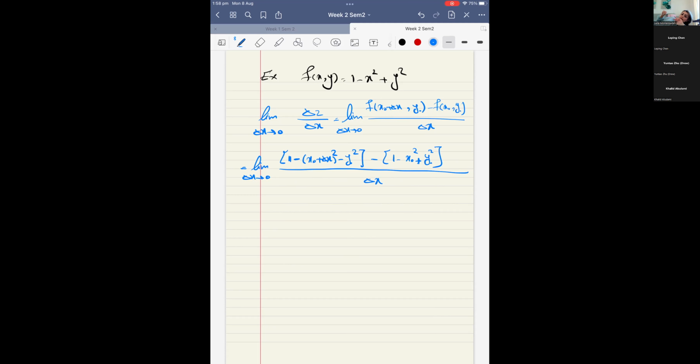I put x0 plus delta x as x, y0 as y for the first term, and x0 as x and y0 as y for the second term.